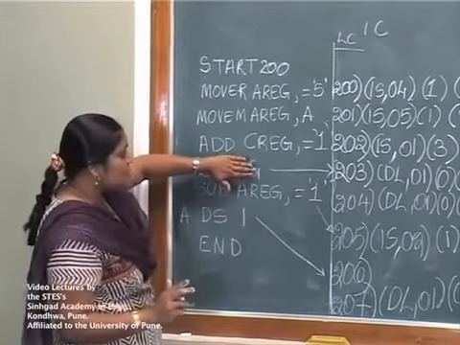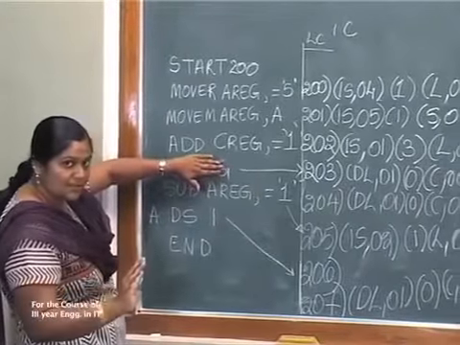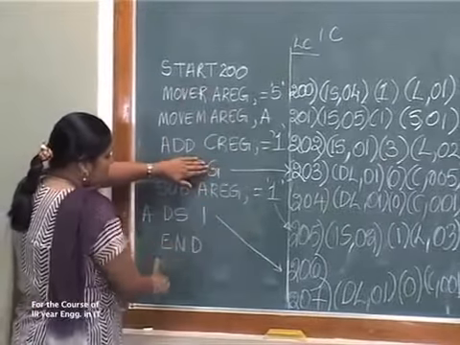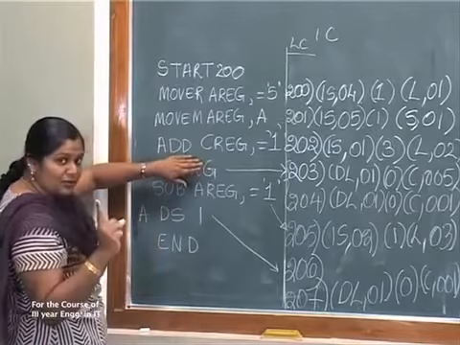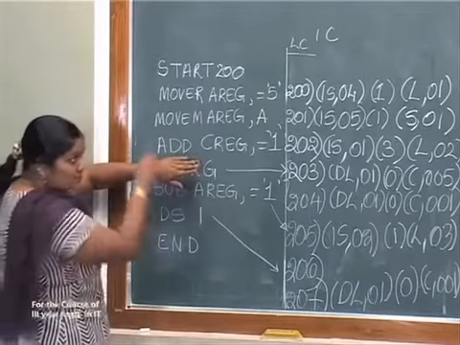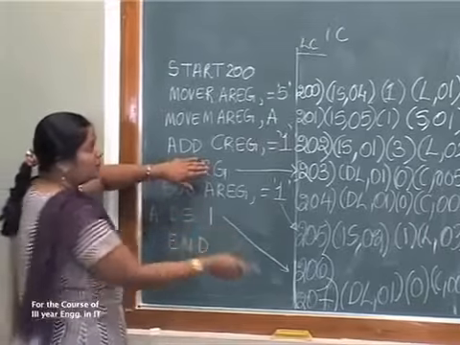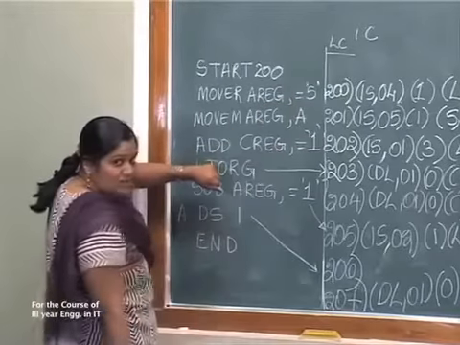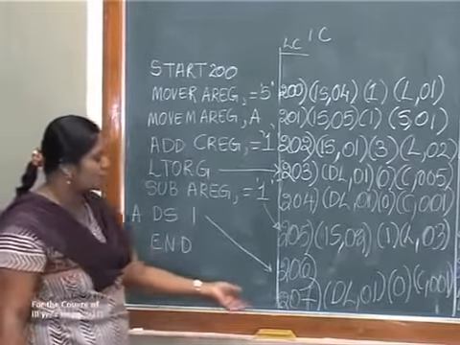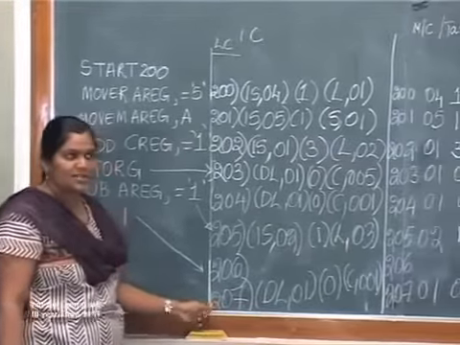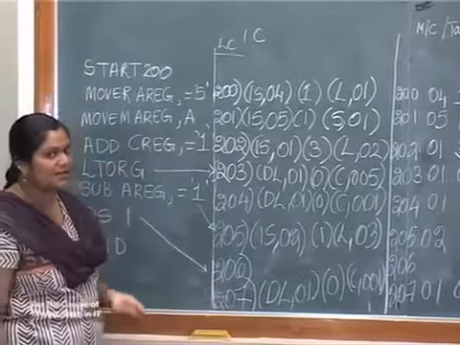If this LTORG statement is not there, then all the literals will be processed after the END, and you will have to write all the equivalent intermediate code after the END statement as a series of DL units.